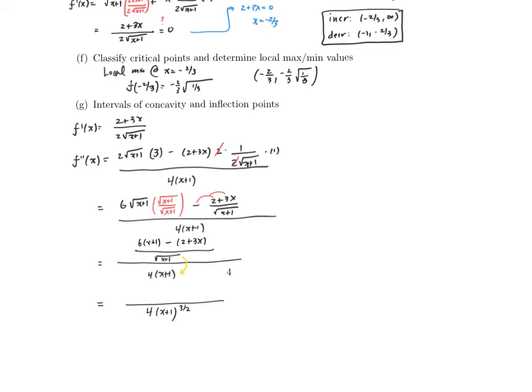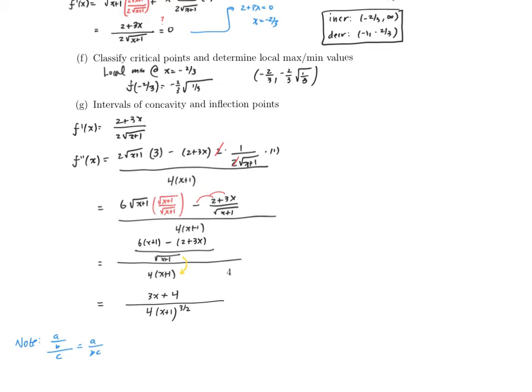And in the top, we'll be left with a 3x plus 4. Whew! So we finally have a very reasonable formula for the second derivative. And if there's any confusion on that second to last step, then we just note down here to the side, a over b divided by c is a over bc, which is what we've used.